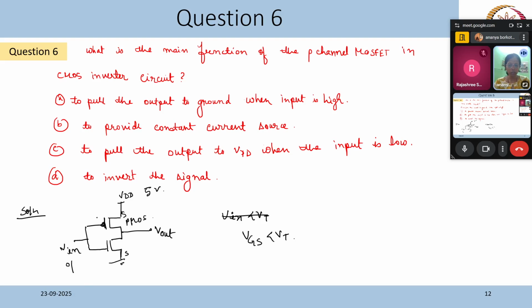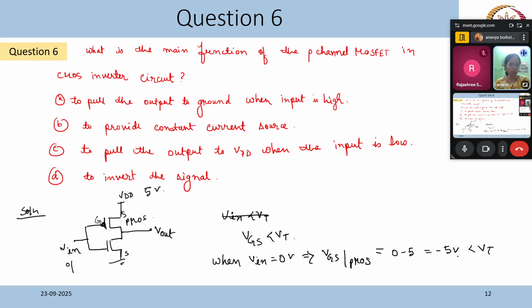This is the gate terminal, right? So what will be VGS? This is 0 minus 5. So PMOS will be on in this case, when Vin is 0 volt, VGS for PMOS will be 0 minus 5, so minus 5 volt, which is less than VT.